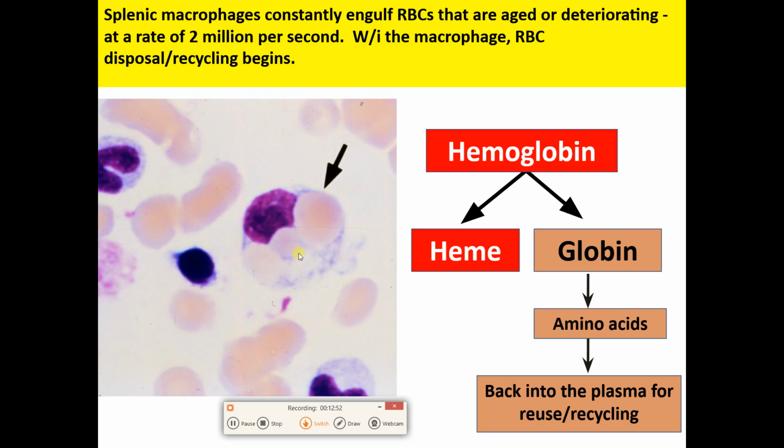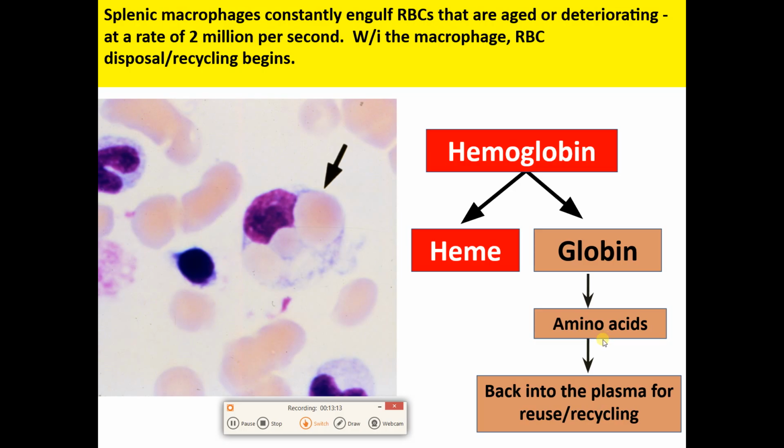We're going to break open the red blood cells and deal with the hemoglobin. First thing we do is separate the hemoglobin into its heme part, those little disc-like pigments, 4 of them per hemoglobin, and then the globin part, which were the 4 amino acid chains.